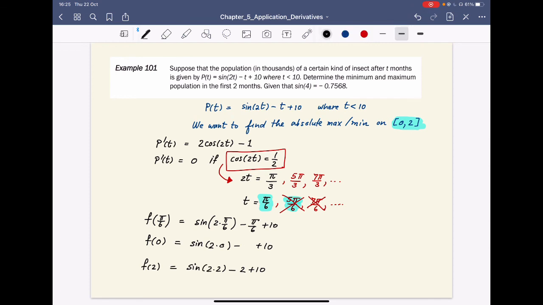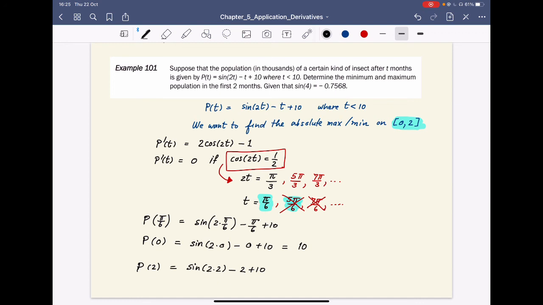All right, let me fix the notation a little bit. This is not f. This must be function p. Sorry. All right, this is p, this is p, this is p. Well, let's start from the easy one. So p of 0, you get 10, right? Because sine 0 is 0, and 0 plus 10 is 10.